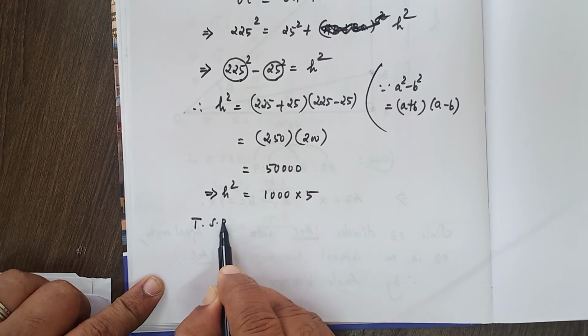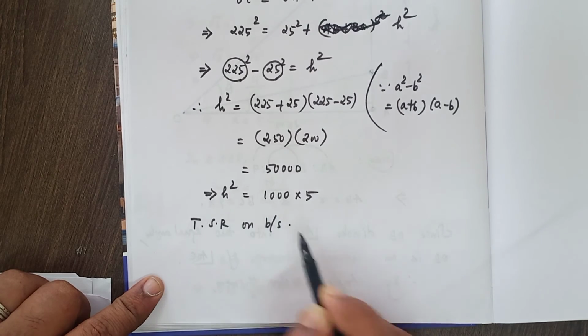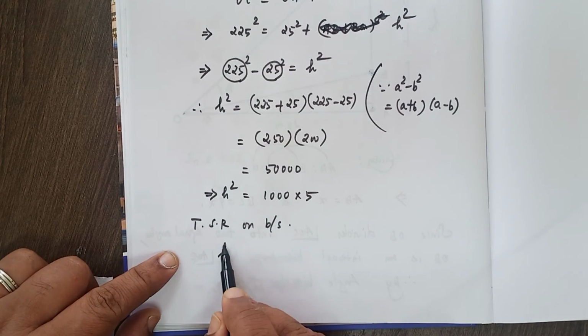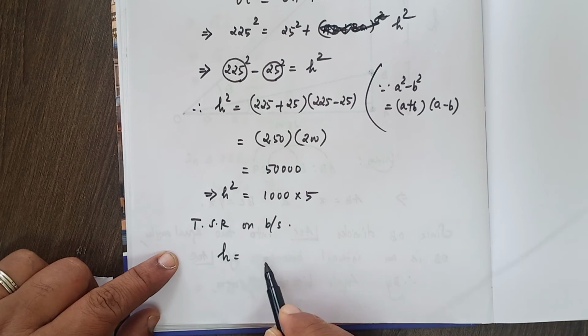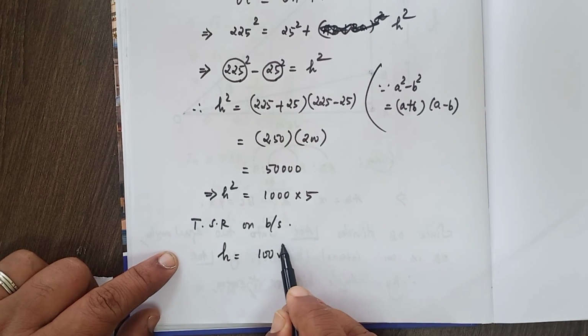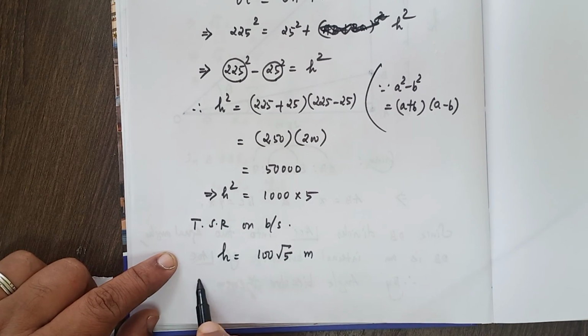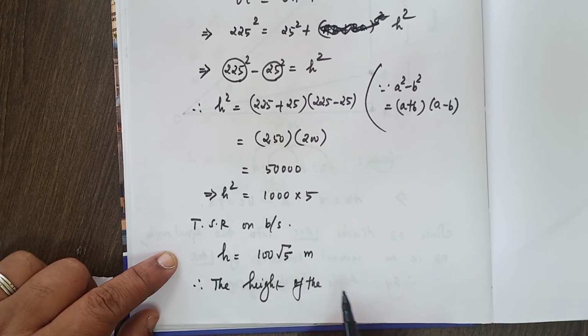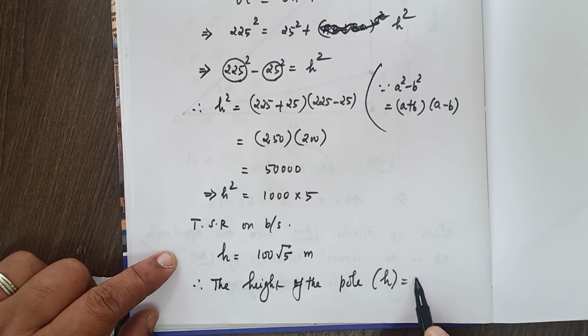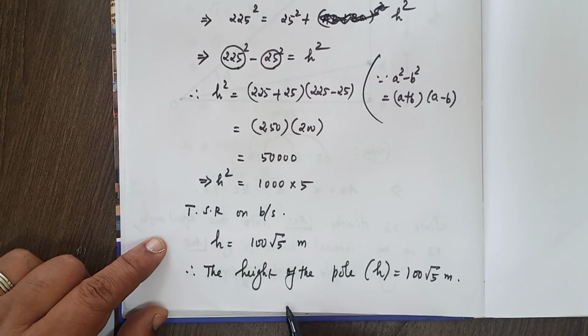Taking square root on both sides. h square square root is h. Square and square root get cancelled. 1000 square root is 100. 5 square root is root 5 meters. Therefore, the height of the pole, that is h, equals 100 into root 5 meters.